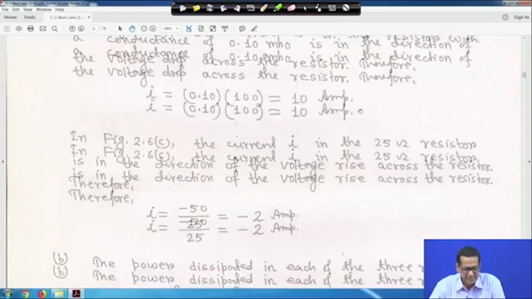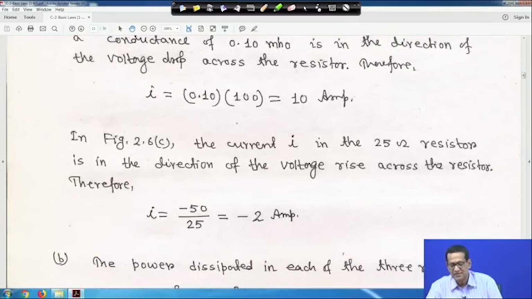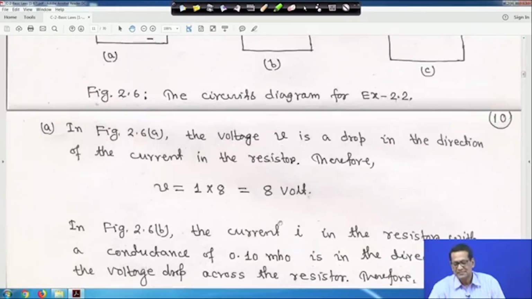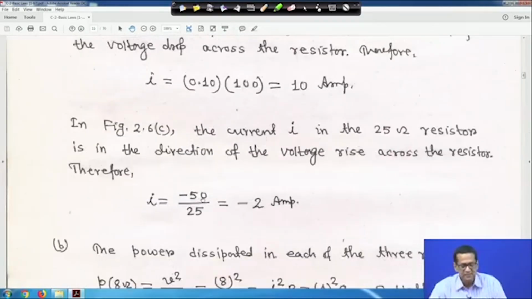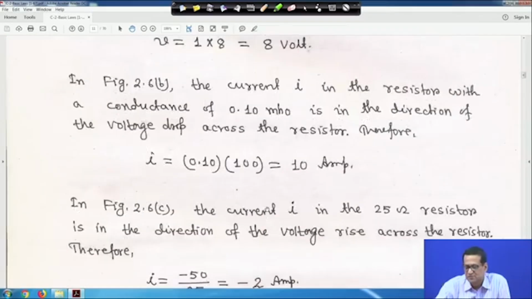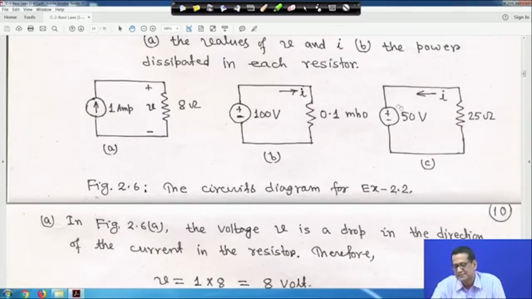In this case, it is in the direction of the voltage rise across the resistor. So, I is equal to minus 50 by 25, which is minus 2 ampere. Because it is in the direction of the voltage rise, the negative sign has come. So, this is actually a voltage source, not a resistor.